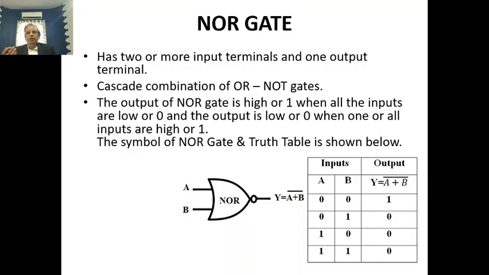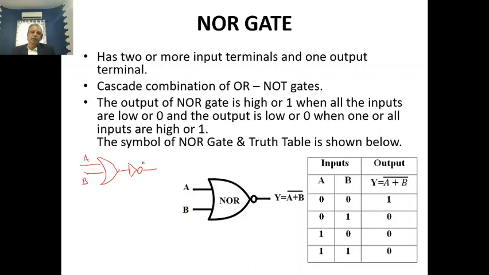Then the next universal gate is the NOR gate. Now this is the symbol for the two input NOR gate, and this is the Boolean expression for this NOR gate. The NOR gate is again the combination of the OR gate, and the output of the OR gate is given to the NOT gate.